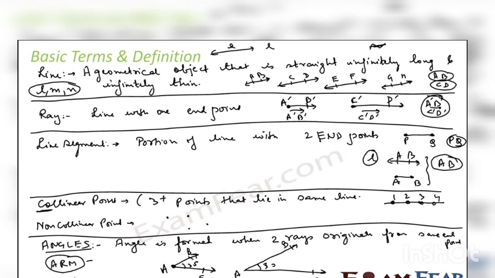And the end point is called the vertex. So we have two new terms here. Arm is AB or AC here. And vertex is point A. So in a typical angle, these are arms, this is also an arm, and this is called the vertex.